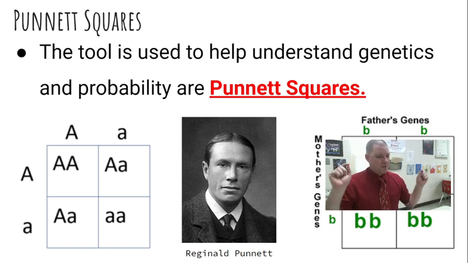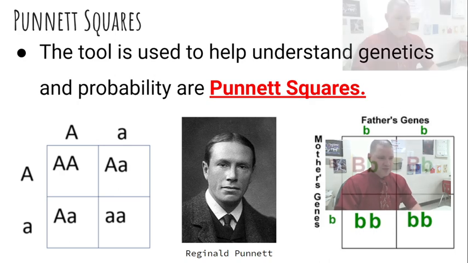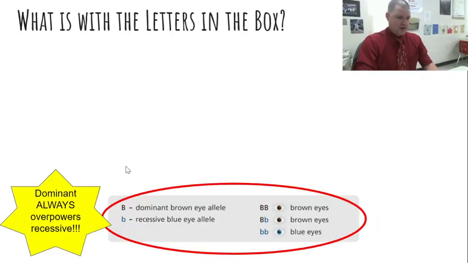It'll involve both knowing the mom and dad alleles and then how those alleles will come together to form the kids' alleles, which will make up their genes. So we're going to talk all about that today and what that ends up doing for us.